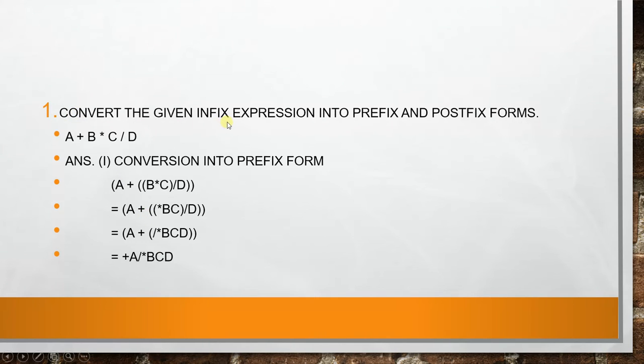Convert the given infix expression. Infix means the operators are in between; into prefix, they will come before the operands.